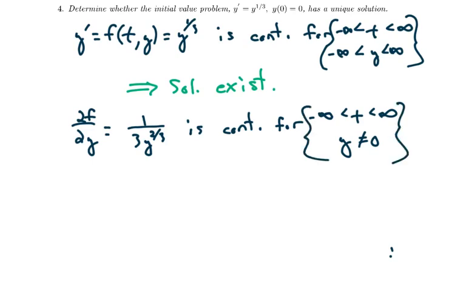And hopefully you see what the issue is. The issue is that our initial condition is that y of 0 is 0. So we want y to be able to be 0. But in this case, y cannot.